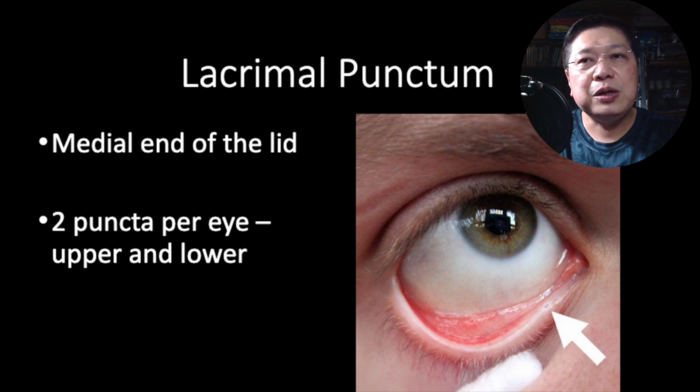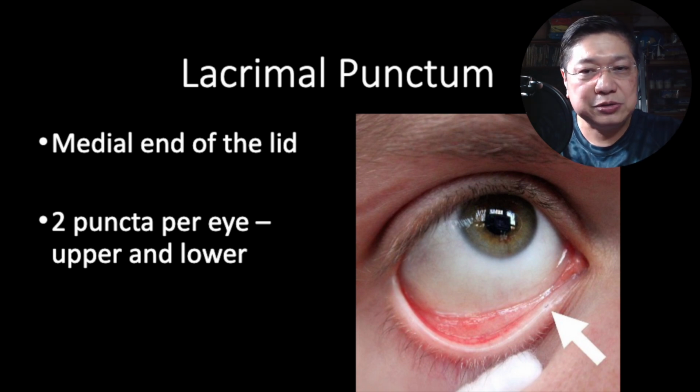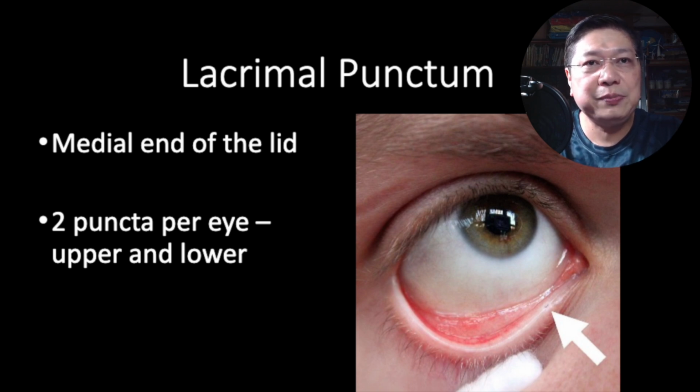But because of the punctum, it's basically your drainage. That's why even if your eyes are wet, it doesn't flow all over your face. It drains into the punctum and into the drains inside of your nose. You have two puncta per eye. You have the upper and the lower punctum.